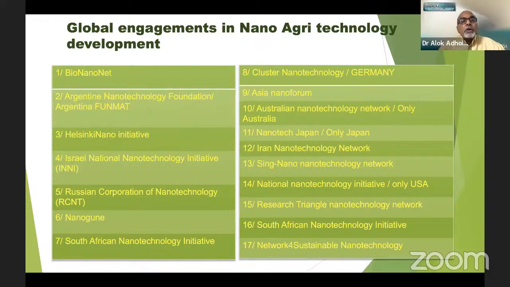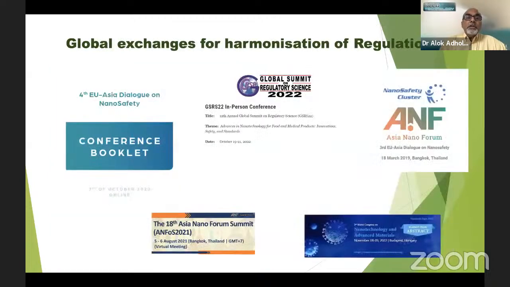And therefore, I am negotiating in different forums for the regulatory aspects and the regulatory systems, so that the data we develop is acceptable across different countries and continents. So these are the networks which are working actively and taking advantage of the policy document and framework that we have developed. There are a number of global exchanges happening.